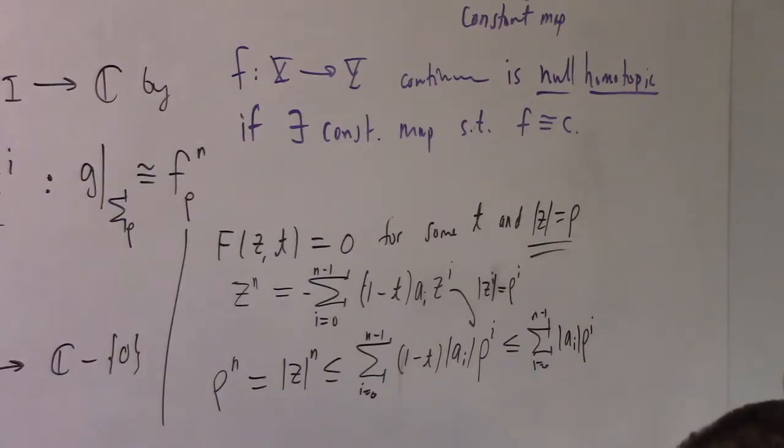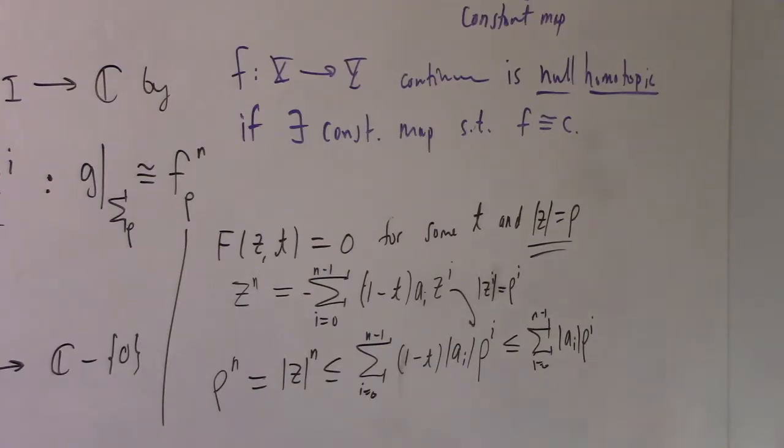Since i is less than n minus 1 each time, instead of writing rho to the i, it's going to be less than the same thing, but with rho to the n minus 1. And he can do that because he chose rho to be greater than 1.